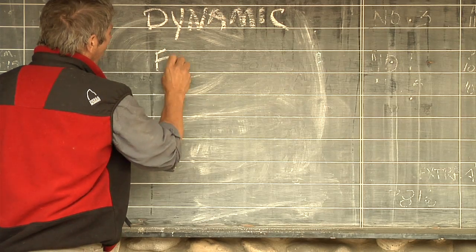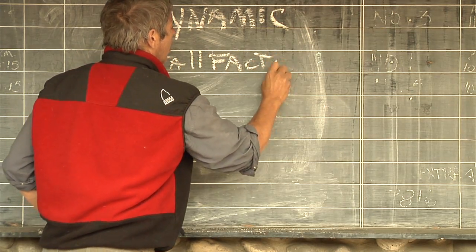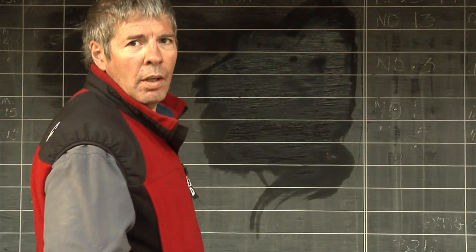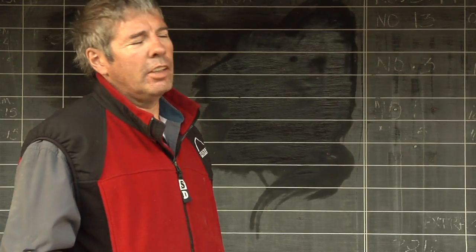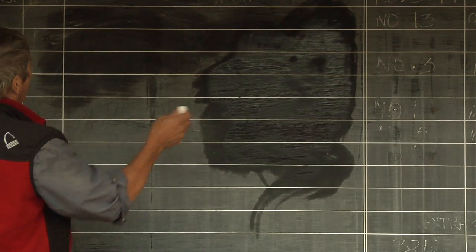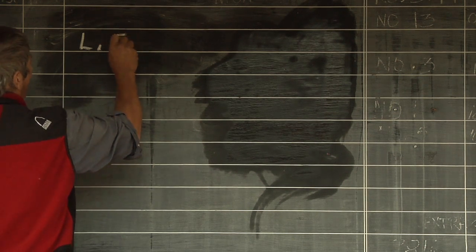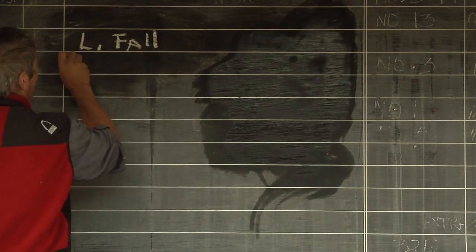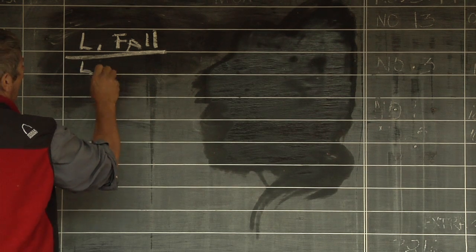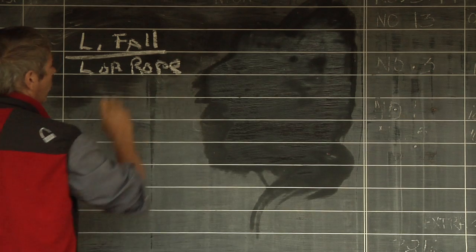The fall factor. All right, so to calculate a fall factor, it's a simple enough thing: we just divide the length of the fall by the length of rope out.